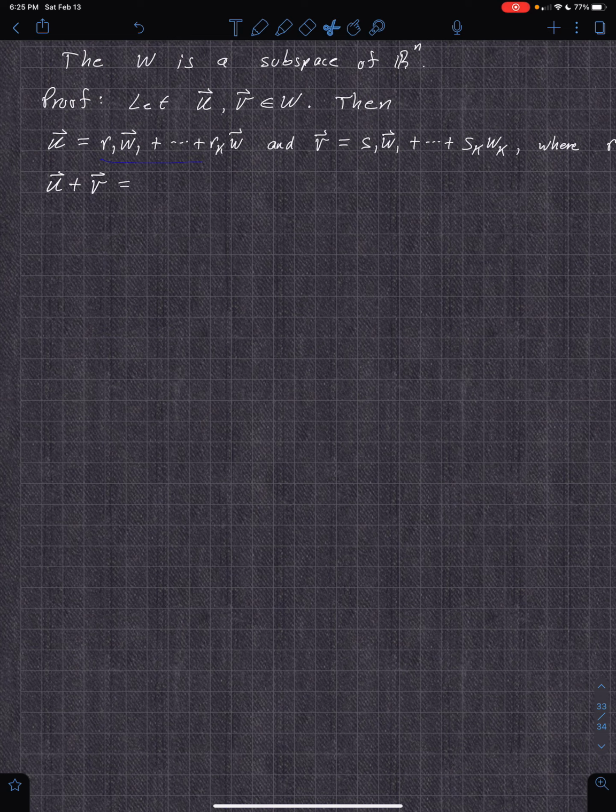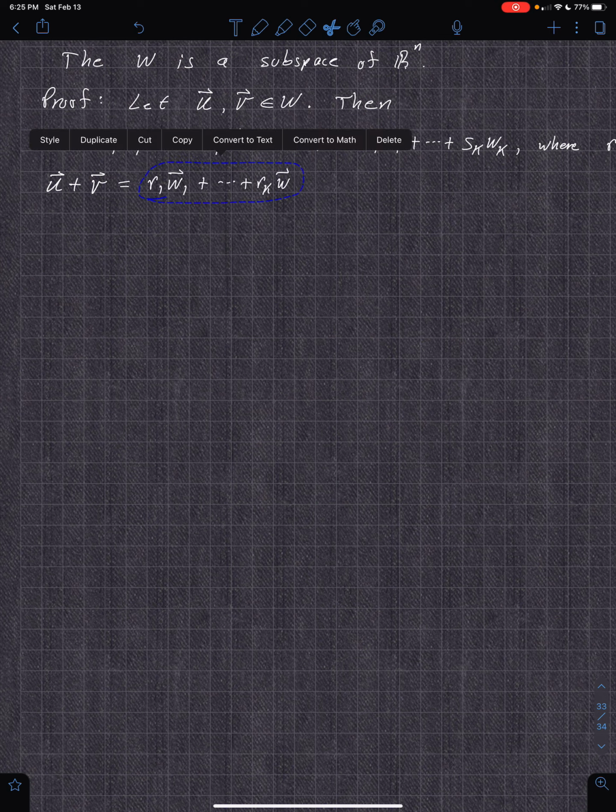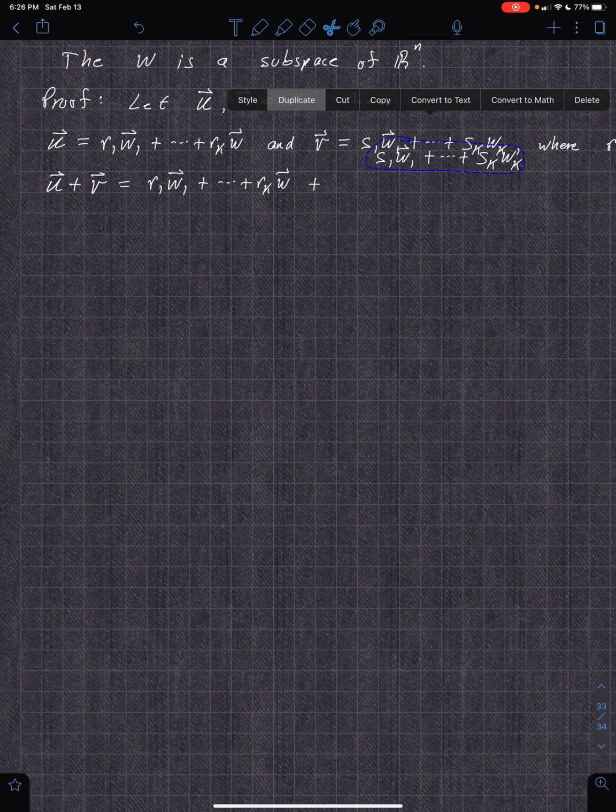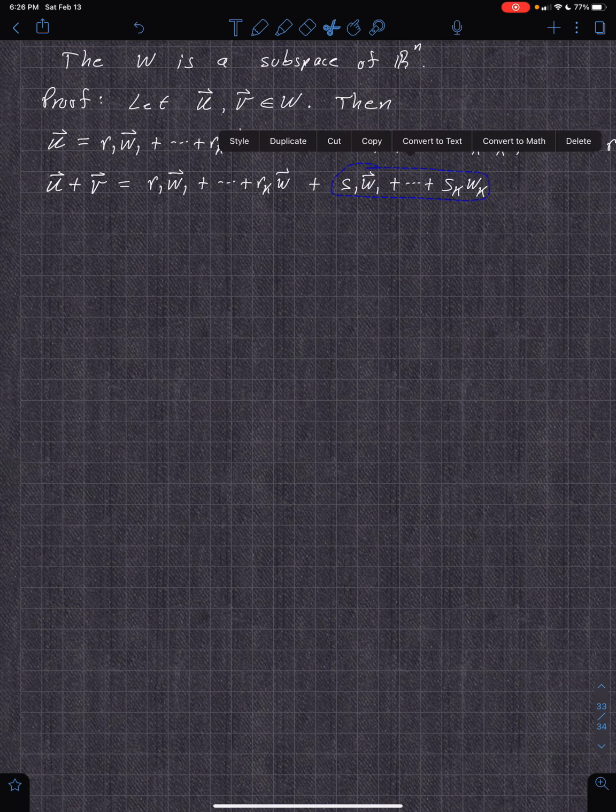I'm just going to do a little copying here to show you what I'm doing. It's that sum, and then we're going to add the other sum together, and then commute and simplify. So those sums are being added together. And then by commutative and distributive properties, we can write it like this.